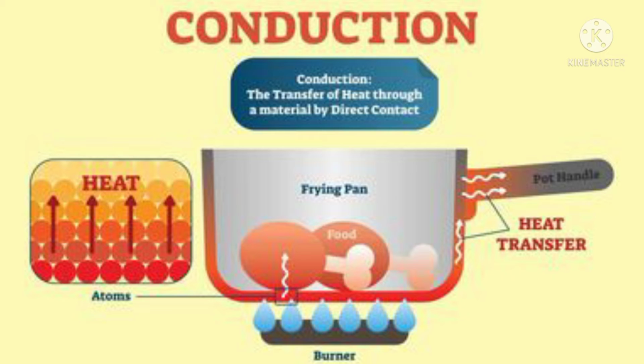In terms of medium of transfer, materials that are involved in conduction are generally in solid form. But not all solids can facilitate heat conduction due to their composition or materials.